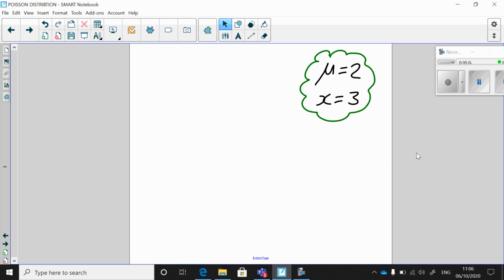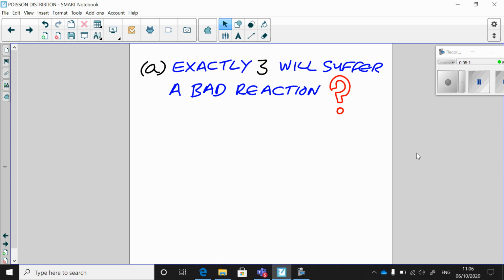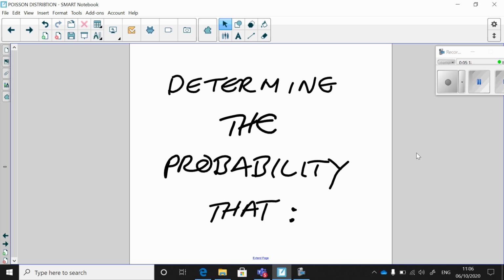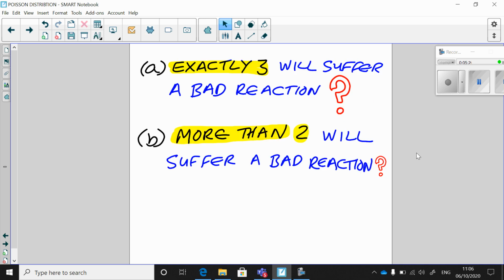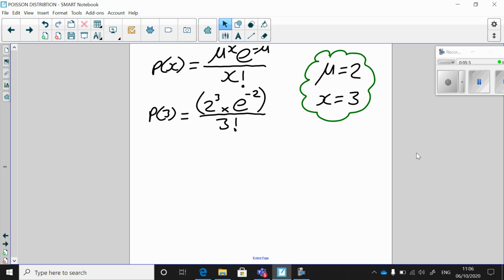For the first one, exactly 3 will suffer a bad reaction, we did see that the mean was 2, just so that you're aware where I got those values. Mean is 2 for Poisson, x is 3, exactly 3. There's your formula. Put your numbers in. I bracketed at the top this time, that's good practice, before I divide by 3 factorial.